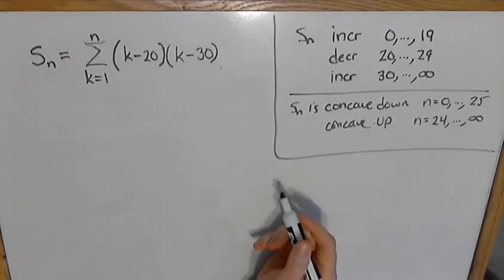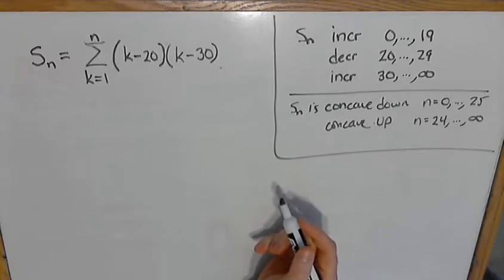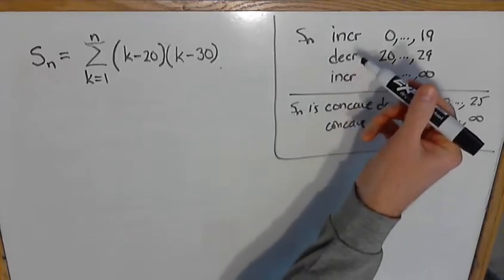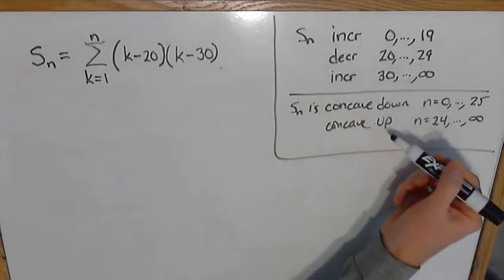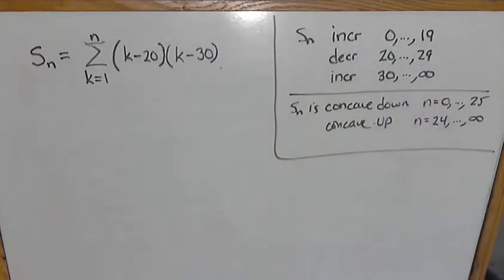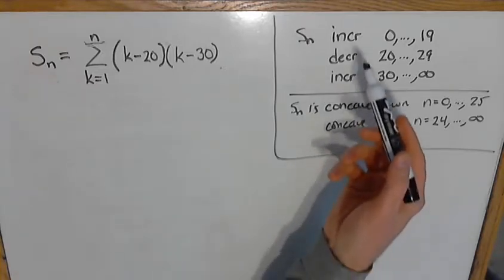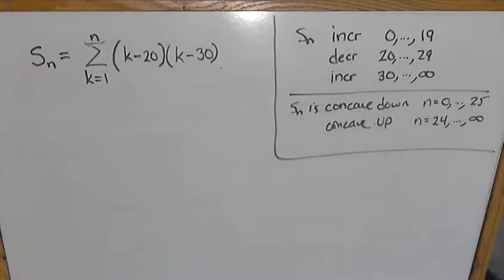All right, well, there's one more thing that we can do to reinforce some concepts. I have some information about my sequence. It's increasing, decreasing, increasing. It's concave down and concave up. And what I want to do is make a connection to the things we did earlier with functions, where we could take information about the shape and use that to be able to understand the graph.